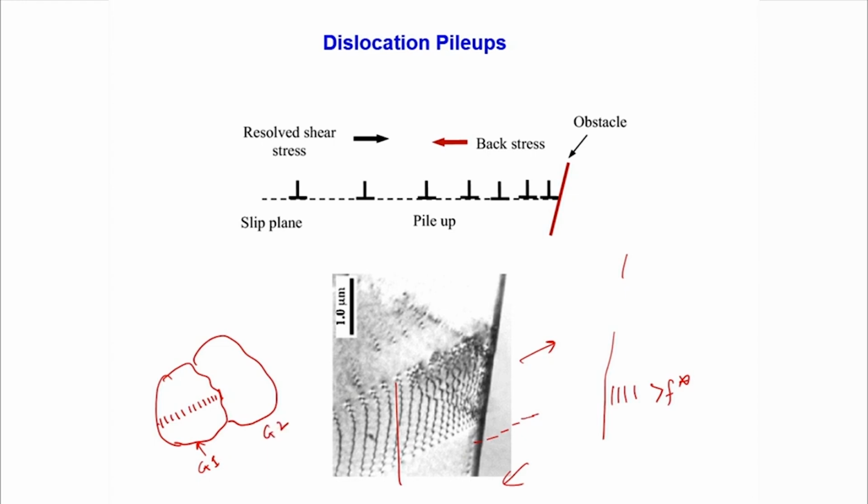So the same plane is unlikely to be parallel. So a dislocation cannot easily move across from one grain to the other grain because of these aspects. Because dislocations, as I said, can only move on the slip planes. The fact that the slip planes are not parallel from one grain to the other, they cannot cross over or move. Am I clear? So that's what actually makes the grain boundaries an obstacle, and then dislocations get piled up.